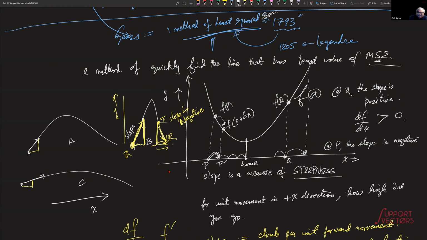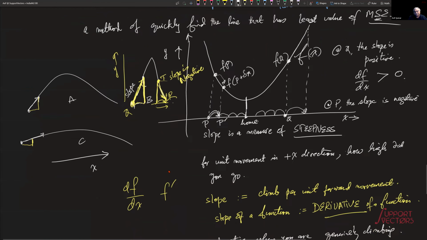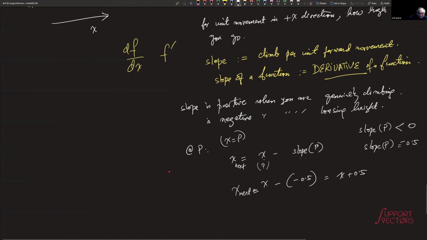So if you want to make a step like this, let's think about it at q. At q, the next value should be x, which is q, minus the slope, and you know that the slope at q is greater than 0. Suppose the slope is 0.5.